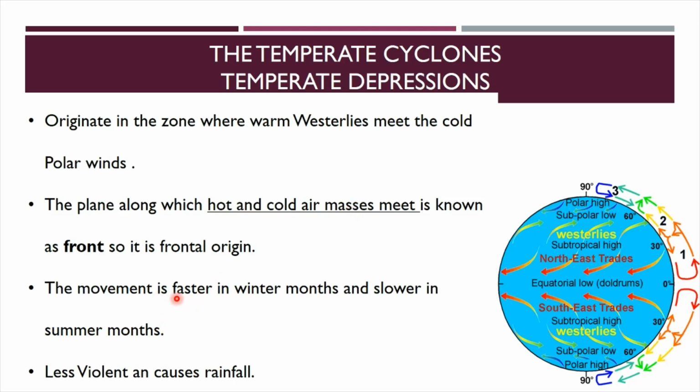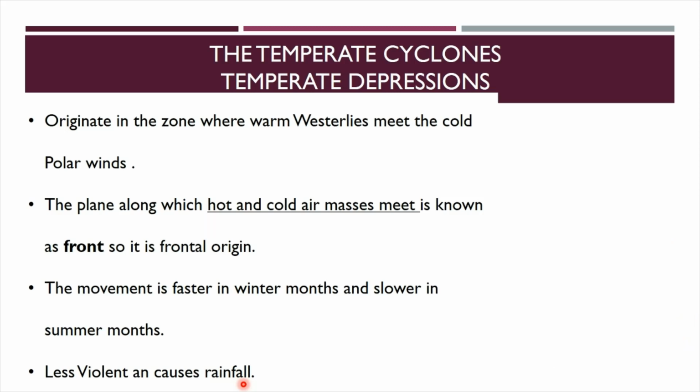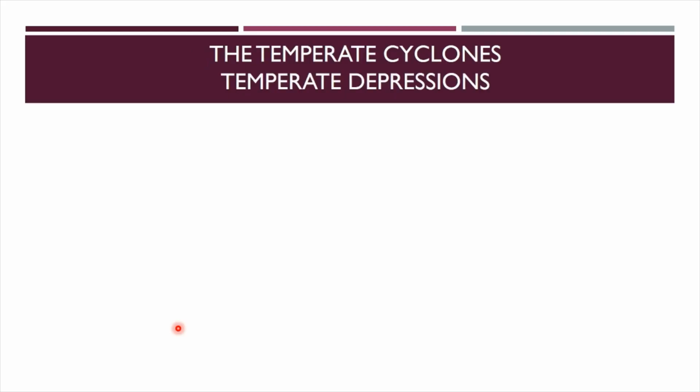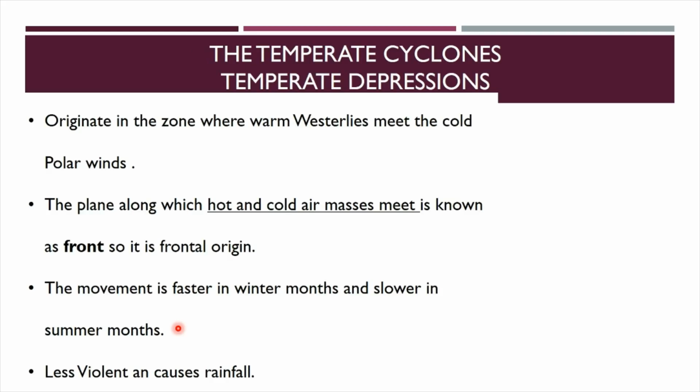The movement is faster in winter months, but slower in summer months. The velocity is a little less and it causes rainfall. So first we learned about tropical cyclones. They are very destructive, violent winds, but temperate cyclones are less violent, but they cause rainfall.